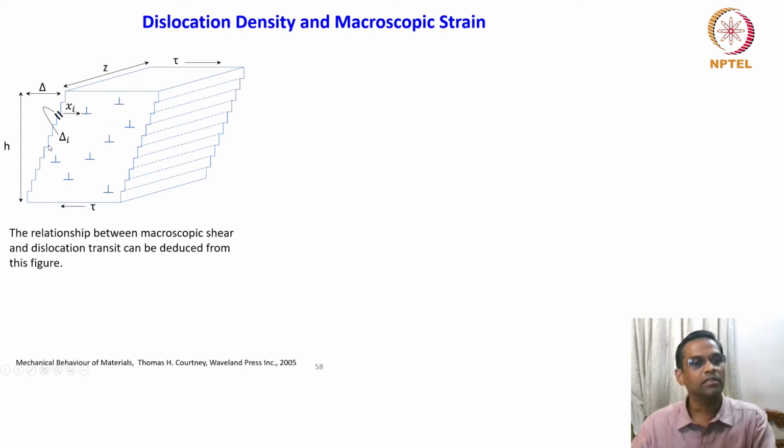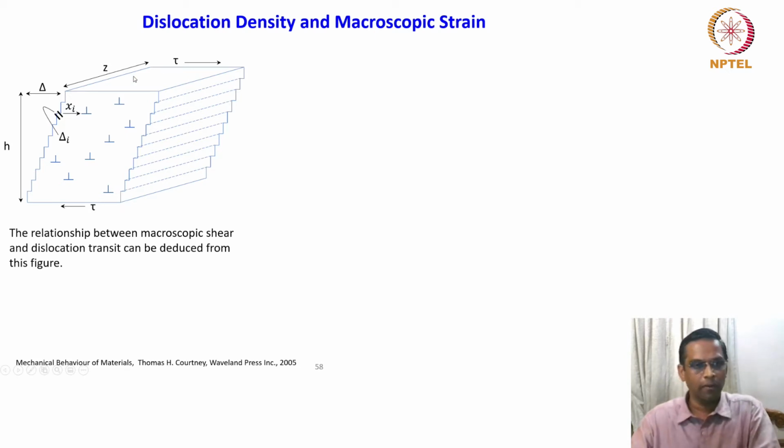So I just want to connect that aspect through this slide. Look at this unit or crystallite. It is slipped. You can see the multiple slip lines. The whole crystal is slipped. That is the meaning of this kind of diagram.